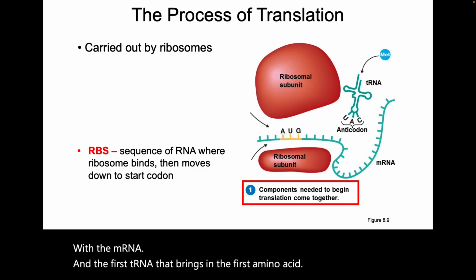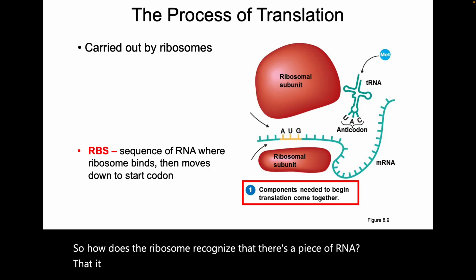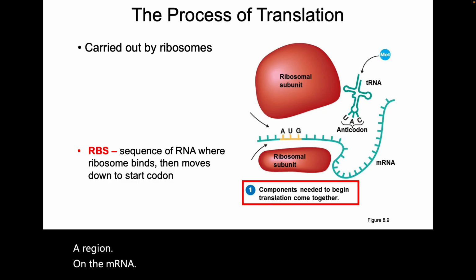So how does the ribosome recognize that there's a piece of mRNA that it needs to interact with? Well, it recognizes a region on the mRNA that's called the ribosome binding sequence.